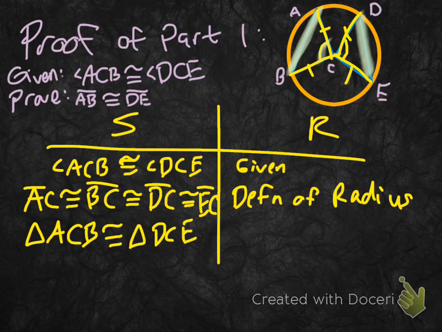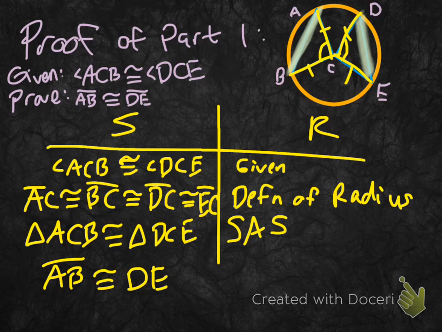The included angle here is congruent. Then we can use SAS to show that the two triangles are congruent. And once you know the two triangles are congruent, you can then say that AB is congruent to DE.